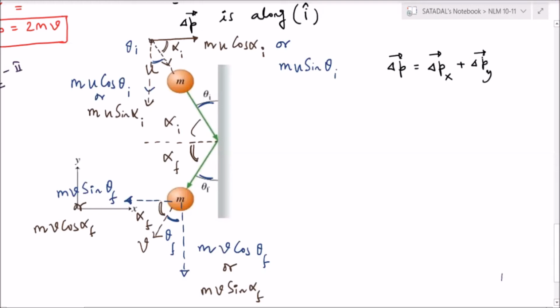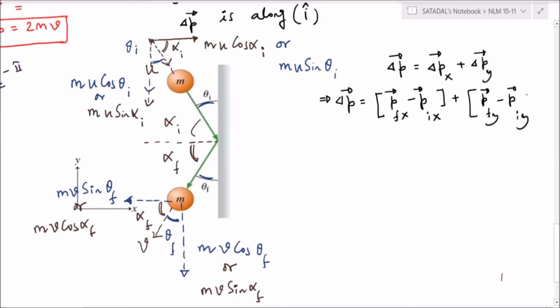Is that okay? Right, fine. So now delta px means we can write p final along x vector minus p initial along x vector, plus p final along y vector minus p initial along y vector. Okay, I hope this is fine too.